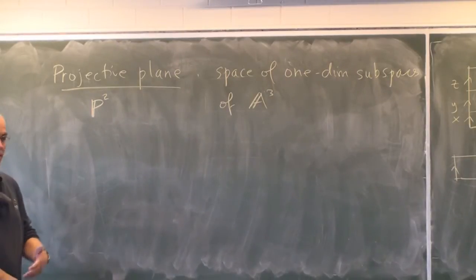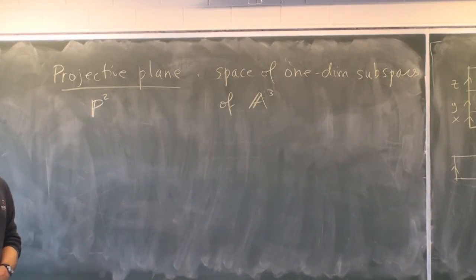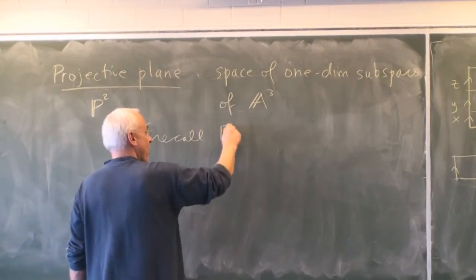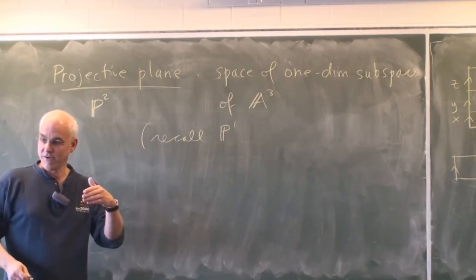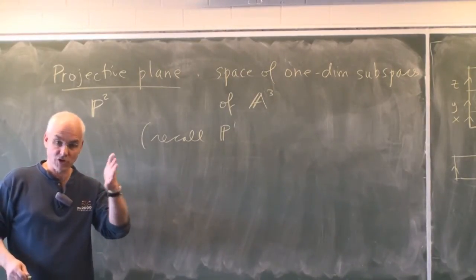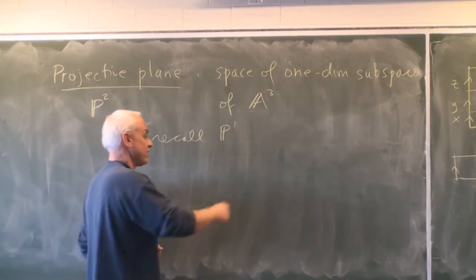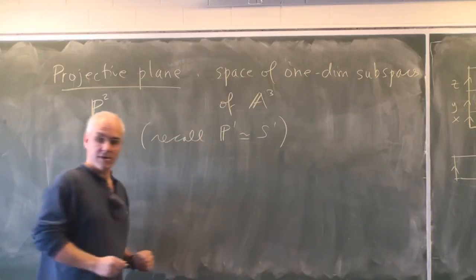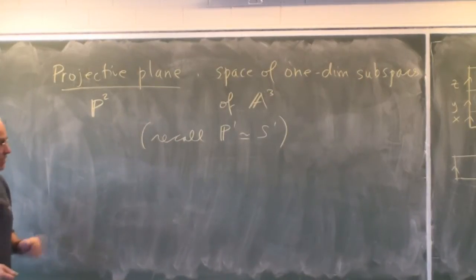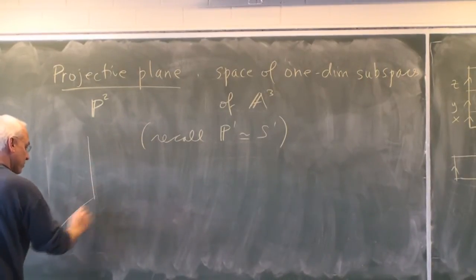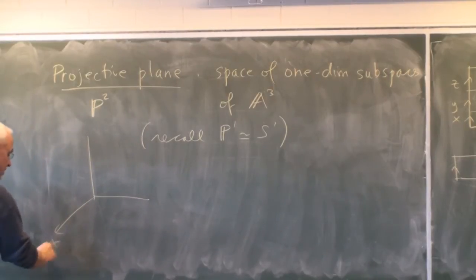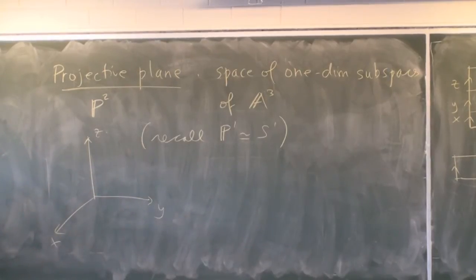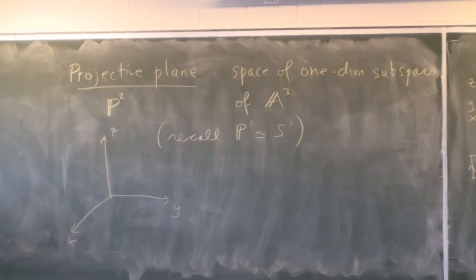One-dimensional subspaces of three-dimensional space. So I have to just remind you that P1 was one-dimensional subspaces of A2, of two-dimensional space. We had a picture of that in the previous lecture. And that was the same as a circle. So now we have to think about three-dimensional space and lines through the origin for that.